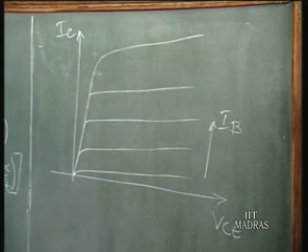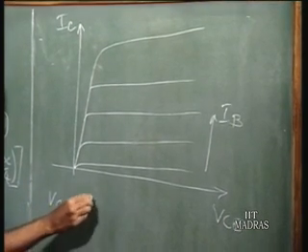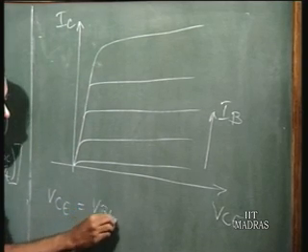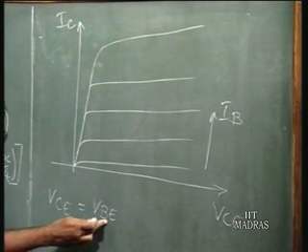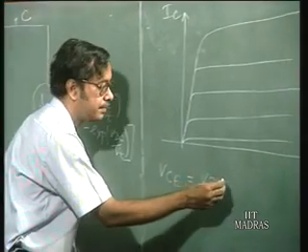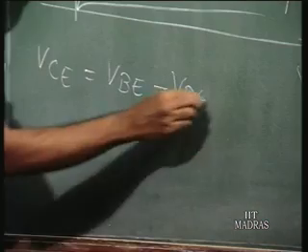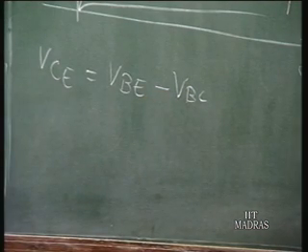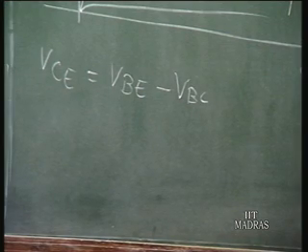What happens when we go to the saturation region? What is VCE given by? VCE is equal to VBE minus VBC.